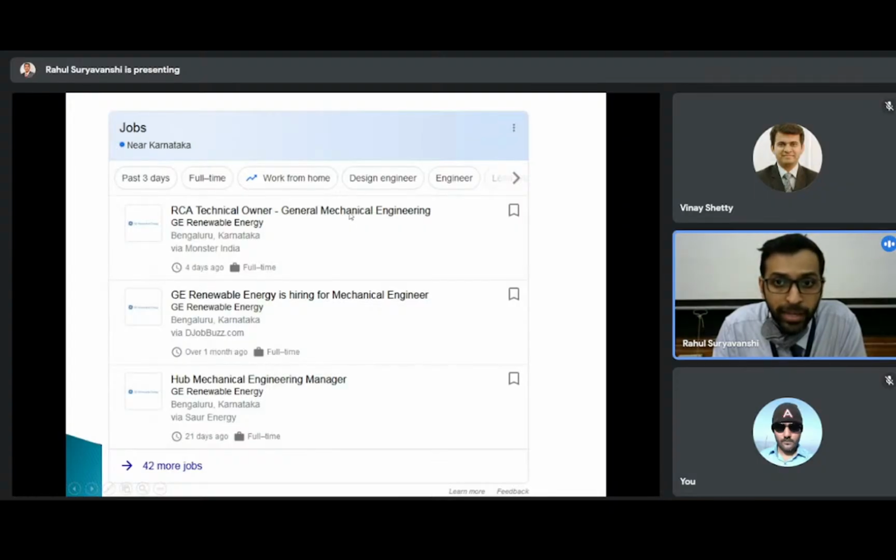Then when we talk about mechanical engineers, you can see that GE Renewable Energy is hiring for hub mechanical engineering. GE and other companies in Bangalore have a lot of opportunities for mechanical engineers.